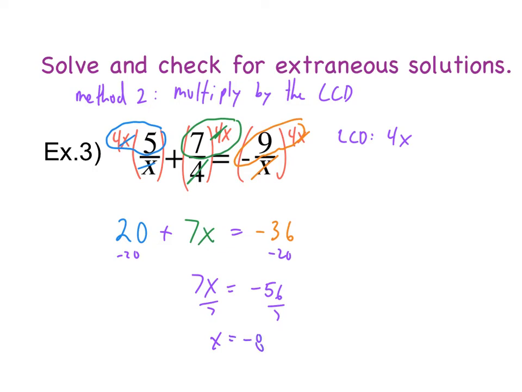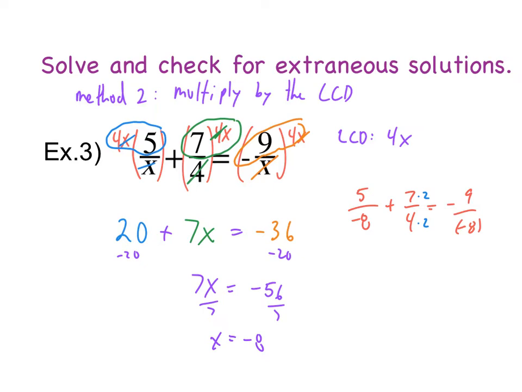So I'm going to check that. 5 over negative 8 plus 7 over 4 are supposed to be negative 9 over negative 8. Notice on the left side I do have a common denominator to try to get. Sorry for my phone going off here. So I'm going to multiply there by 2.